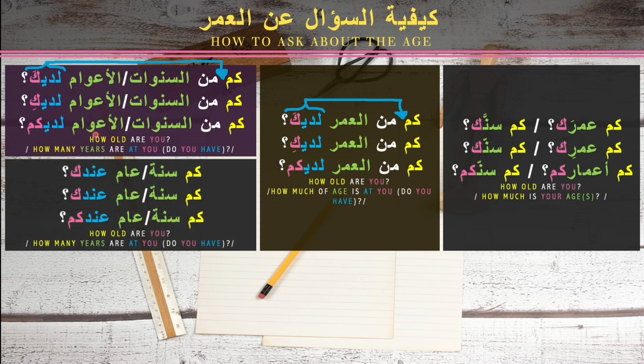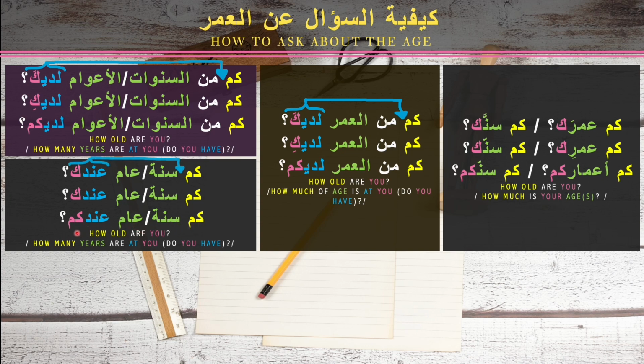The last way is by asking literally how many years are at you using a different adverb, which is عند. So let's see this way. كم سنة عندك, كم عام عندك, كم سنة عندكم, كم عام عندكم.